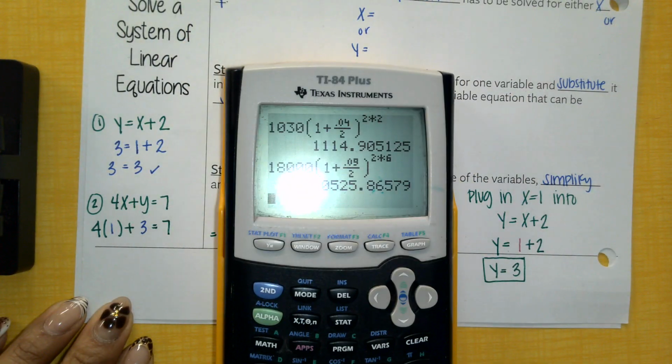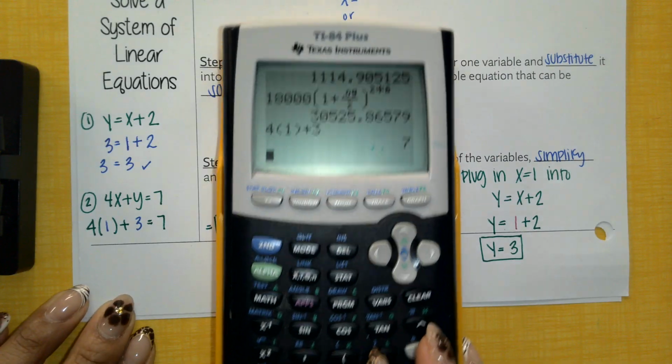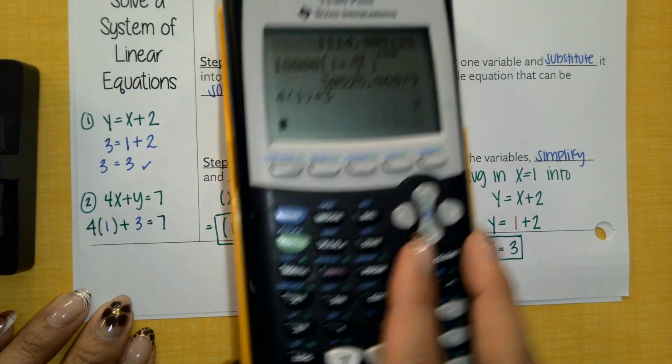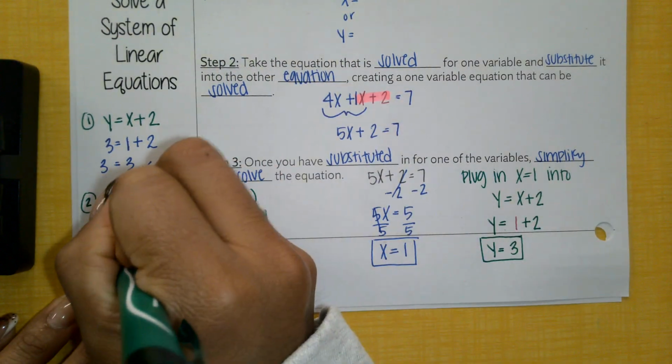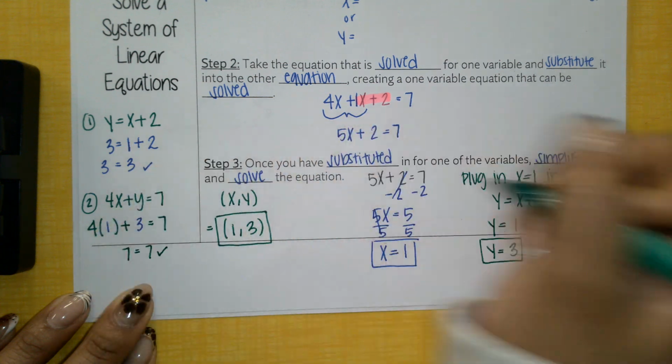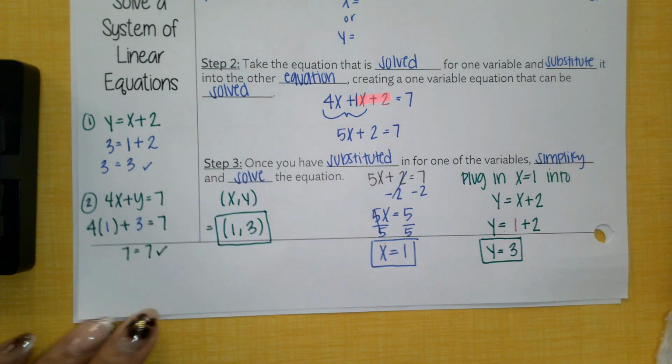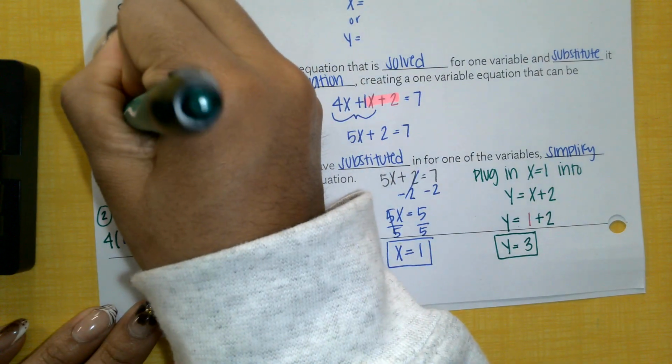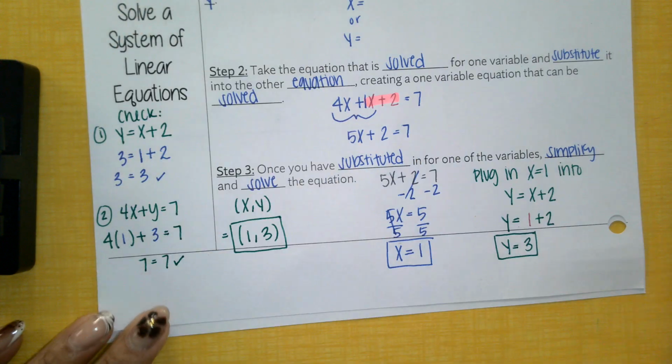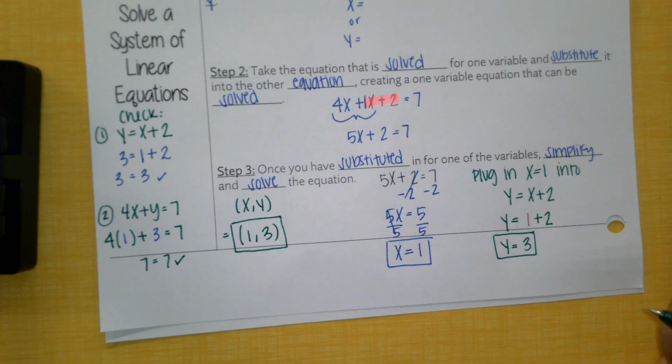So I'm going to plug that in the calculator. 4 times 1 plus 3 gives me 7, which is what we want. So that means it worked for both equations. So this is our final answer. Again, this is just to check what you have solved for.